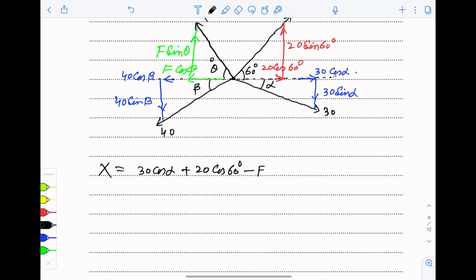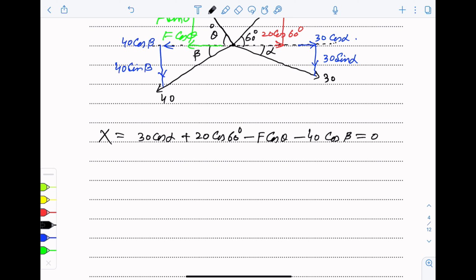The direction is opposite, see this, we will take it as minus: minus F cos theta, minus 40, again the direction is opposite, minus 40 cos beta is equal to 0 because it is an equilibrium. Now we will simplify it.